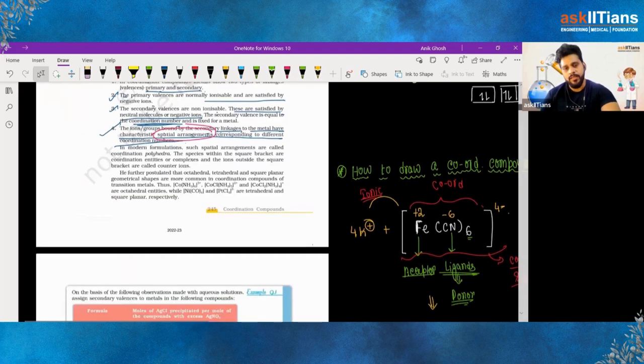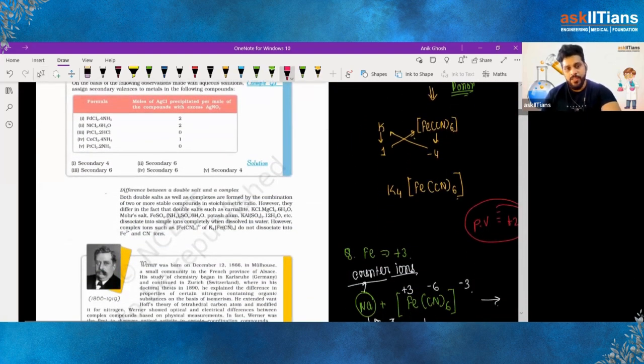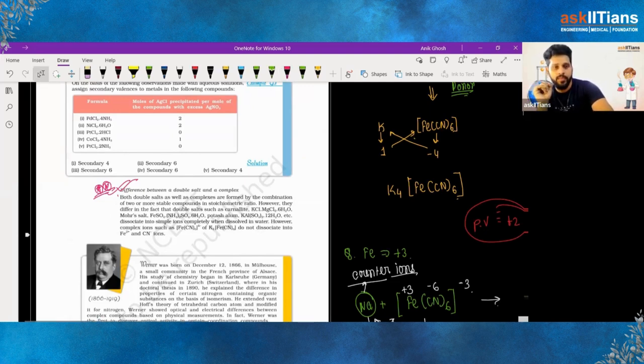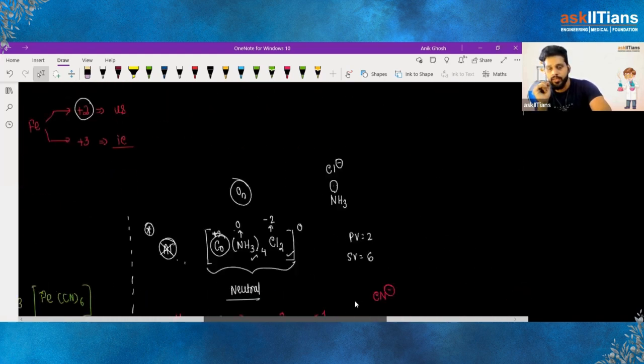Now, if you notice in this part, the difference between a double salt and a coordination complex is very, very important in terms of school examination. Now, what is this double salt? What is this coordination compound? For that, I'm going to take you to the right side of our notes once, and after this, guys, we'll be solving the Werner's theory questions as well in a minute.